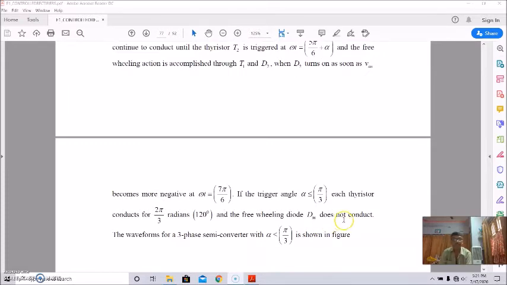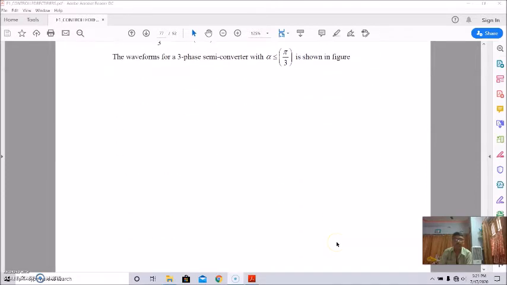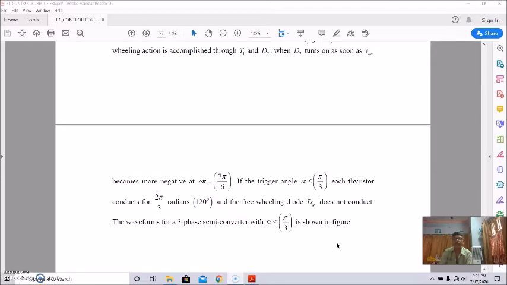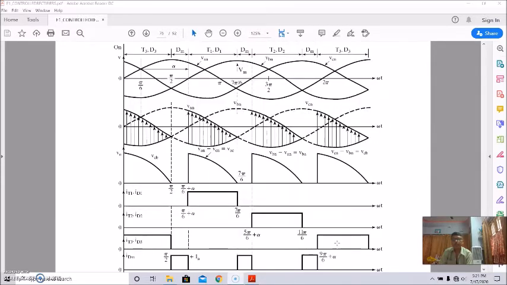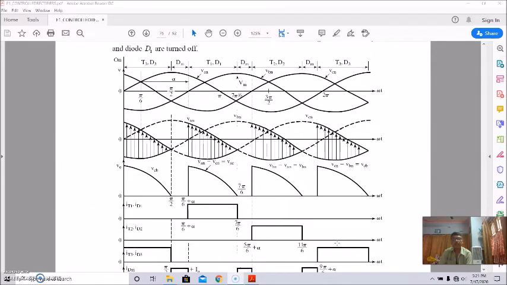If the firing angle is less than or equal to pi by 3, each thyristor conducts for 2 pi by 3 radians, that is 120 degrees, and the freewheeling diode DM does not conduct. The waveforms of the three-phase semiconverter with alpha less than or equal to pi by 3 are shown in that figure.